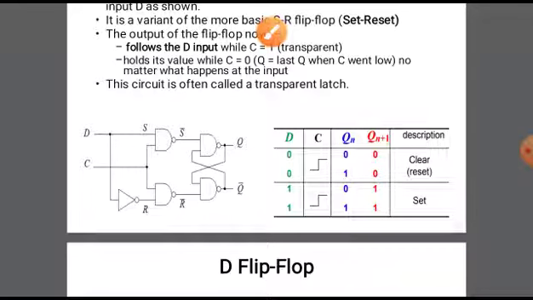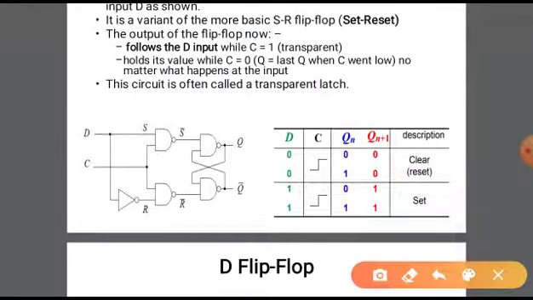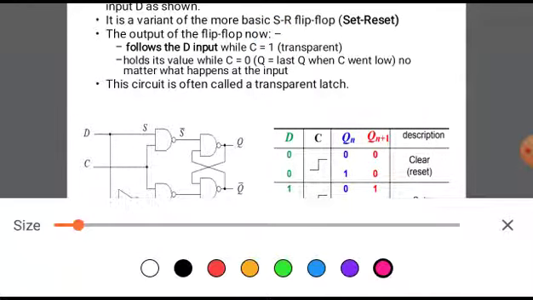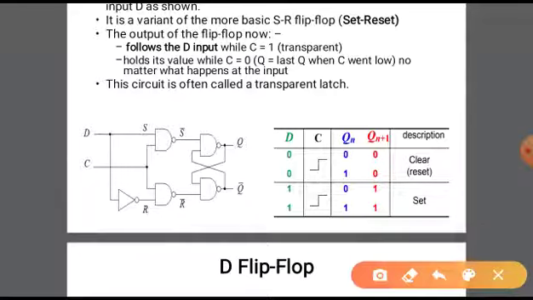Second condition, so suppose your input is 1. So 1 coming to here, 1 coming to 0, coming to here, because of the NOT gate, 1 is here, 0 is here, this is also 1, 1, 1, output of NAND gate 0.